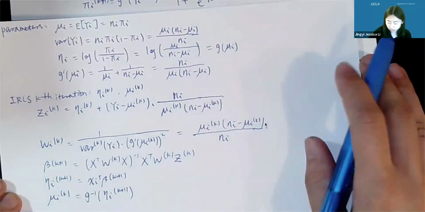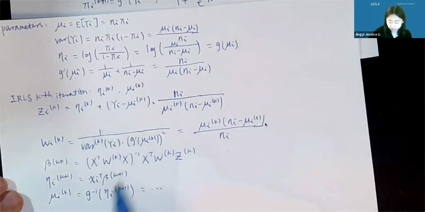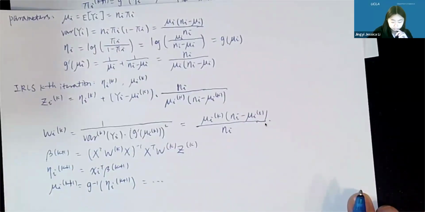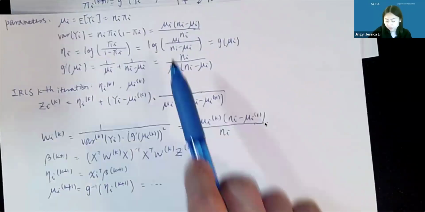Otherwise, it's the same thing. I will leave this for your calculation: how do we go from eta_i^{k+1} to mu^{k+1}? We do the update. So for group data, we just need to be more careful with the n_i involved.